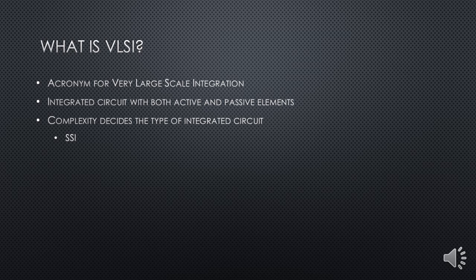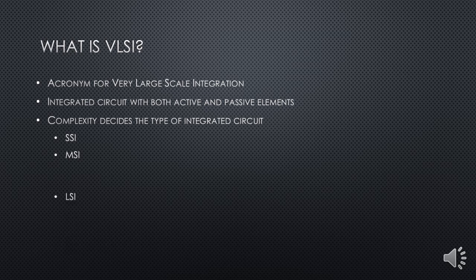If we have 10 to hundreds of transistors in our circuit, we call it small scale integration. The next one is MSI, or medium scale integration. If we have some hundreds to thousands of transistors in our design, we call it MSI.